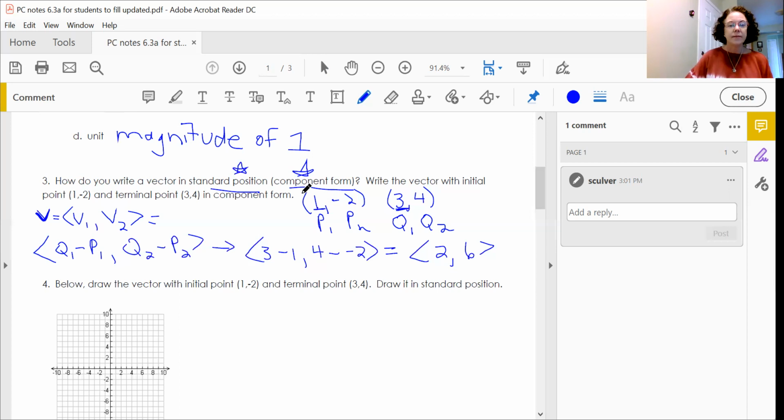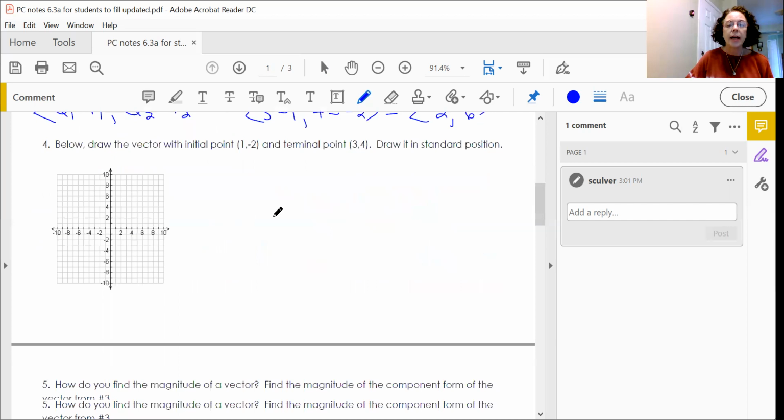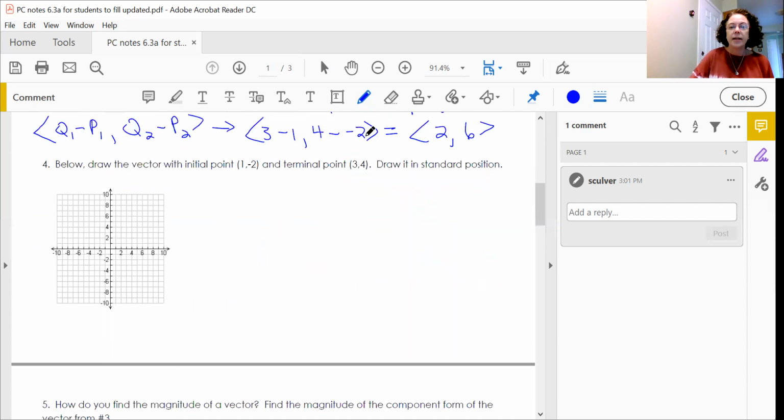So let's draw that. So below, draw the vector with the initial point 1, -2 and terminal point 3, 4. And then let's draw it in standard position, which is right here, the vector 2, 6. Okay, so the vector 1, -2 has a starting point right there.